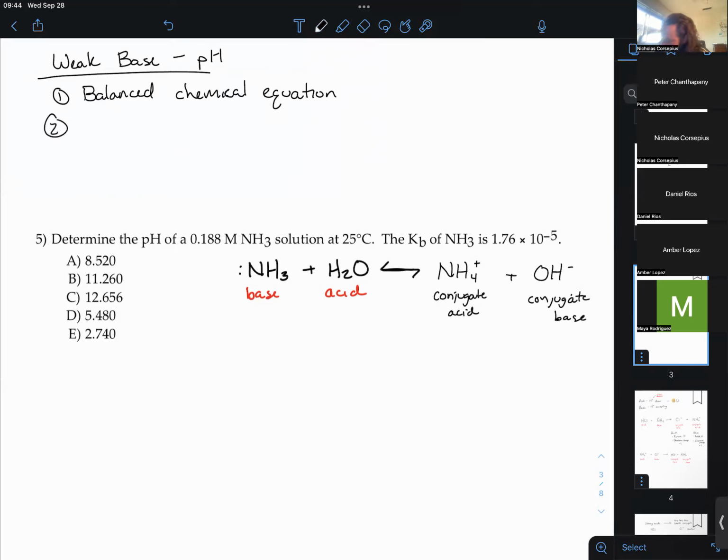Step two, we need to set up our equilibrium expression. Right, so here's our equilibrium constant, Kb. And when we set up our equilibrium expression, what do we remember? What over what? Where did the water come from?